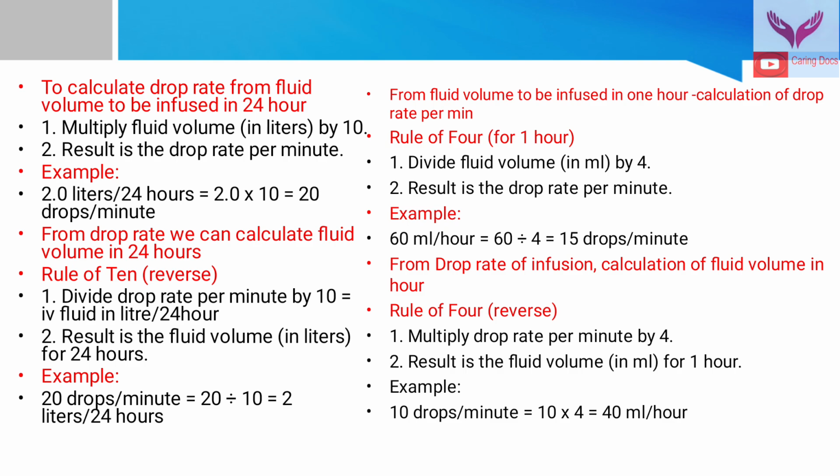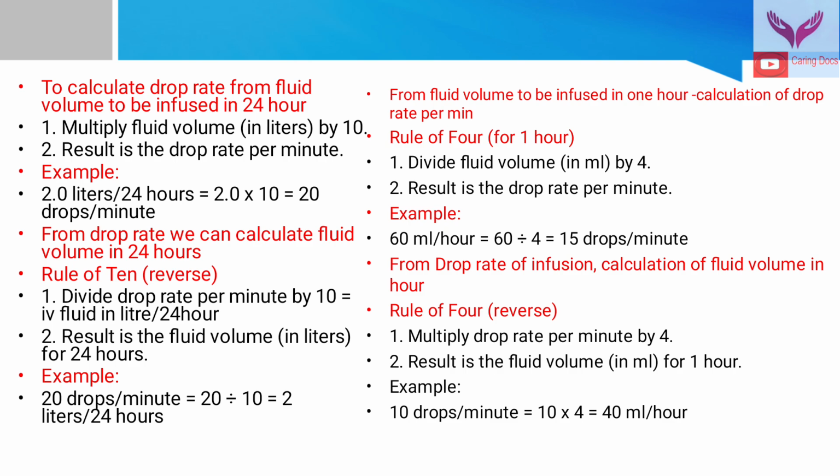So with drop rates we can calculate the amount of fluid to be infused, and with whatever fluid volume we have to transfuse in 24 hours, just multiply that volume by 10, we will get the drop rate.